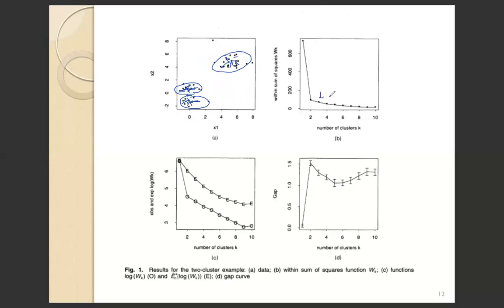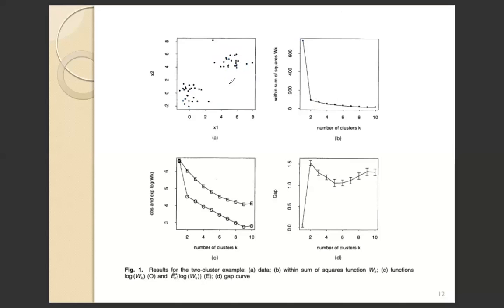With 4, it will be something like this. So if you keep on increasing K, it will definitely drop. But we are not interested in defining the number of clusters arbitrarily, we just want to find an optimal one.